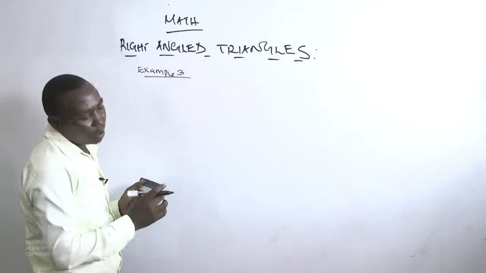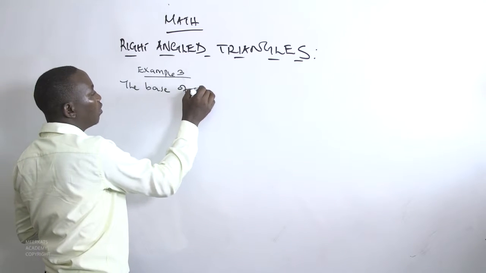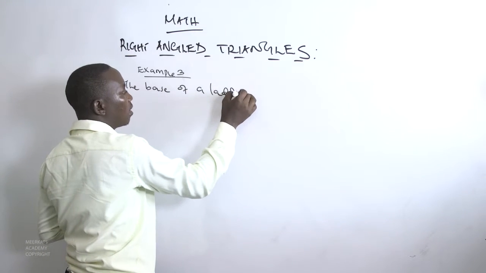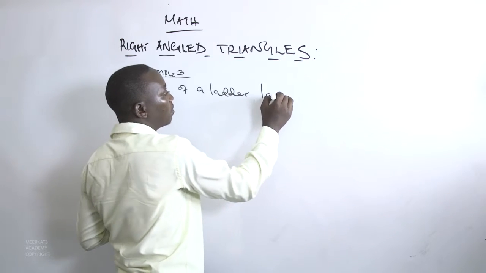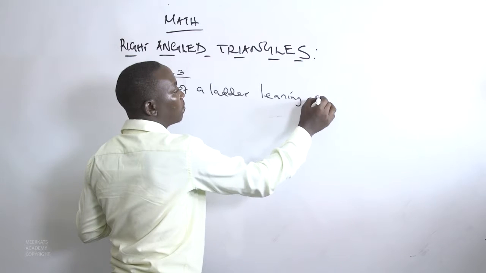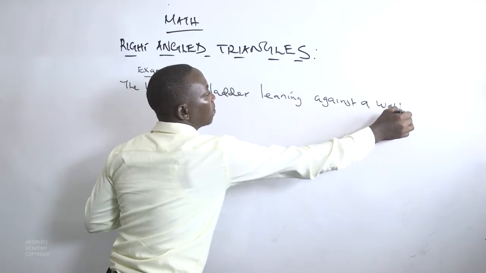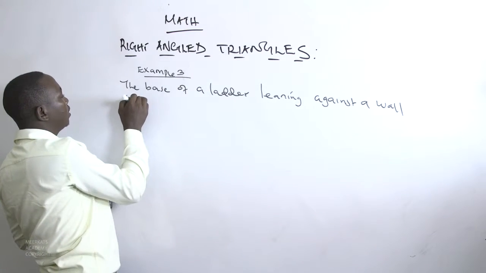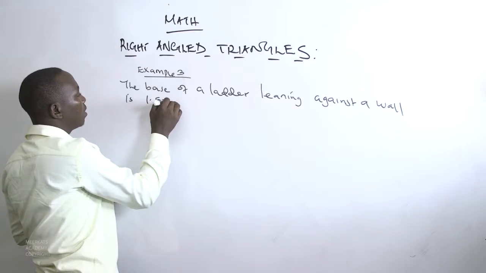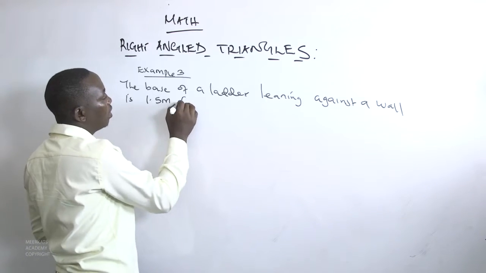The base of a ladder leaning against a wall is 1.5 meters from the base of the wall.